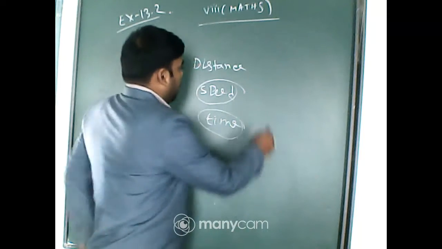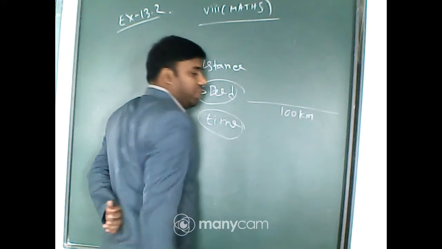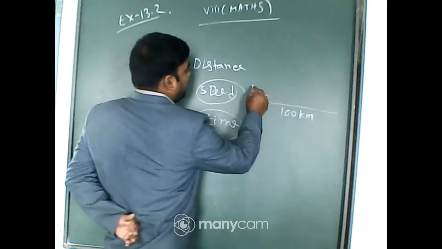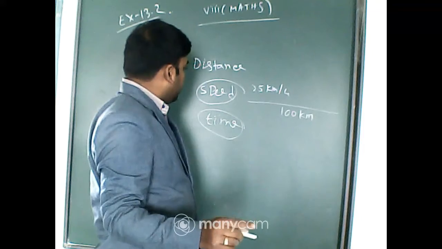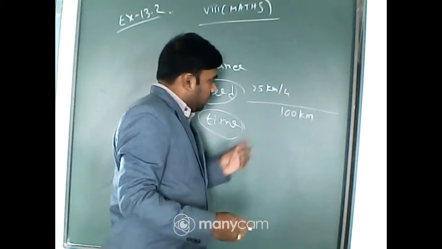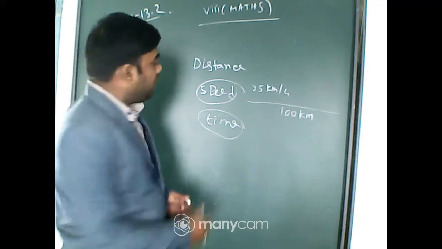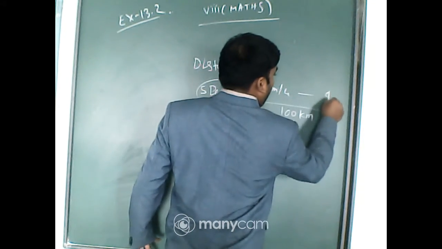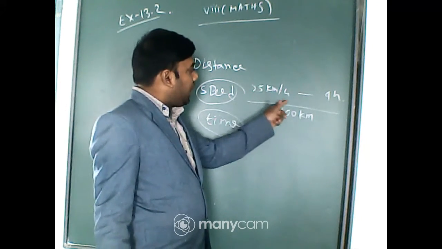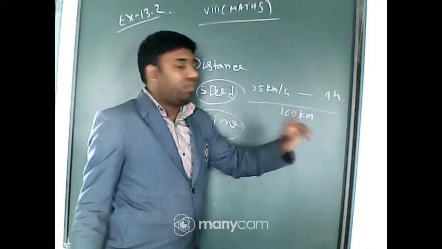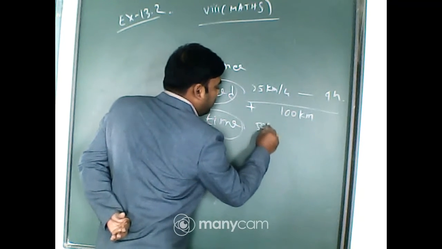For example, you have to move 100 kilometers. Your speed is 25 kilometers per hour, so you need 4 hours to cover that 100 kilometers. Now you have increased the speed to 50 kilometers per hour.